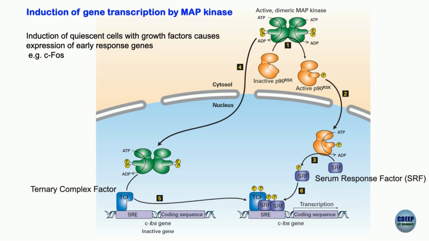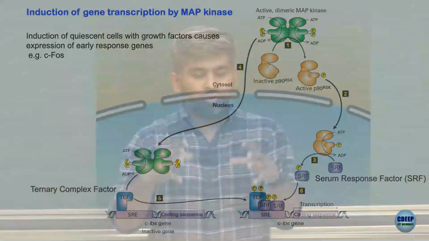It goes and binds to the serum response element, right. So, your MAP kinase gets activated, goes and phosphorylates this particular TCF, which is a transcriptional co-activator, which goes and associates with SRF, which is serum response factor. These two guys go together and sit at SRE, then they drive the expression of FOS, right. This is kind of feed-forward activation, everything is happening.